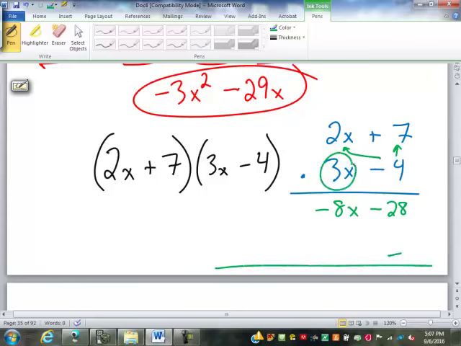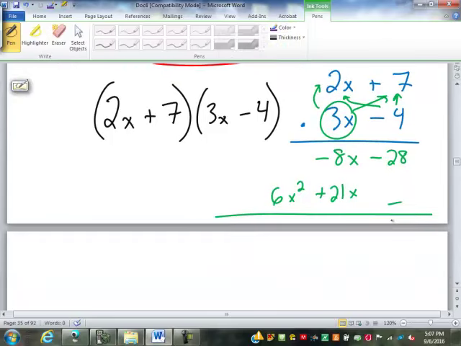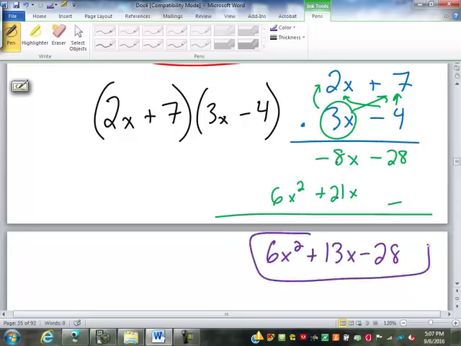We move over. 3x times 7 is positive 21x. 3x times 2x is 6x squared. Looks very much like the long multiplication we did with the place values written in, doesn't it? Negative 28 combines with nothing, so it stays negative 28. Negative 8 and positive 21 is a positive 13x and 6x squared.